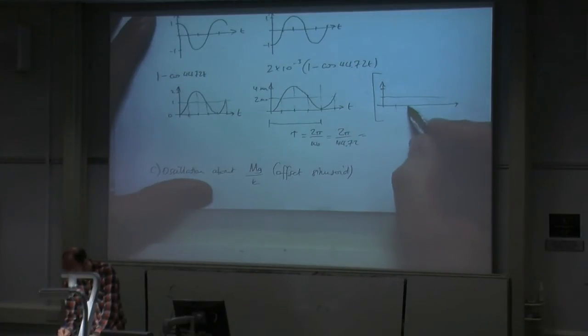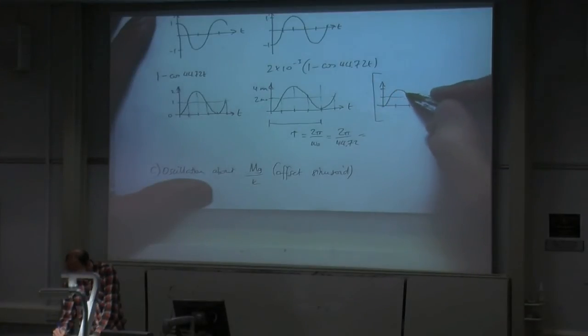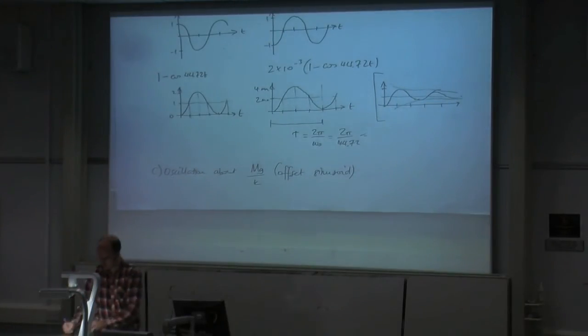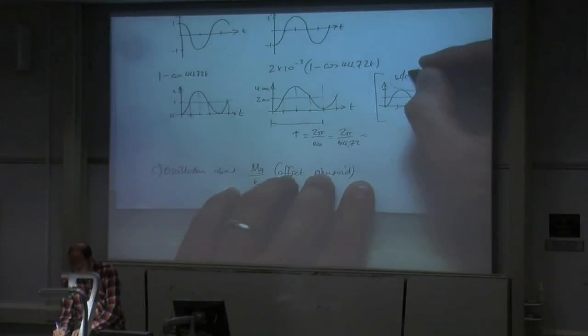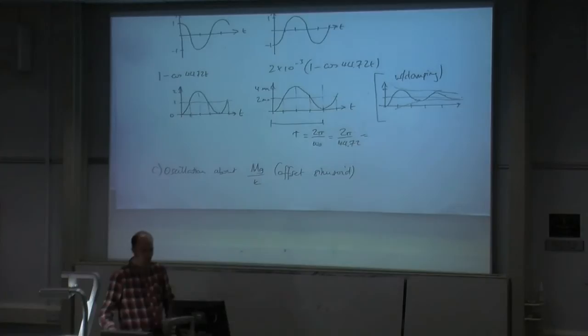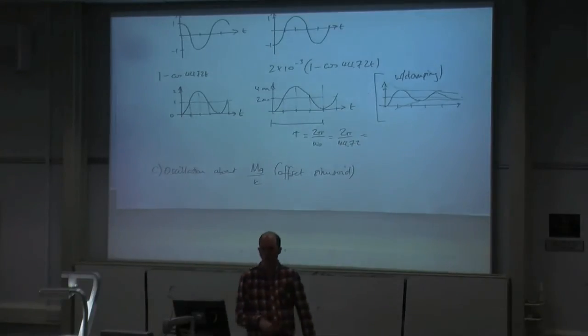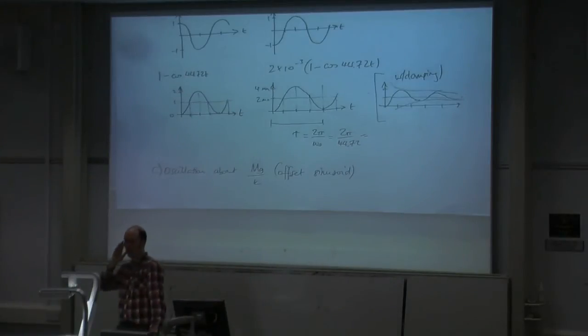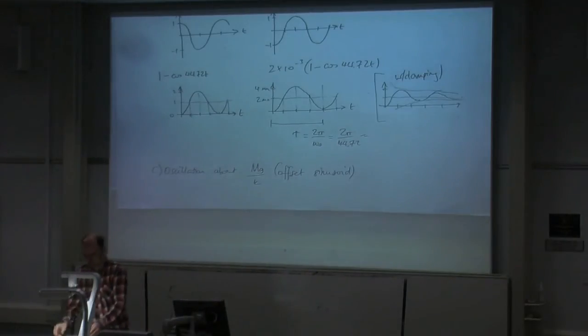So if I mark the value, you have this sort of decay with respect to time, so that's with damping. And obviously your period would be divided by omega d, not omega naught, because you have the damped frequency.